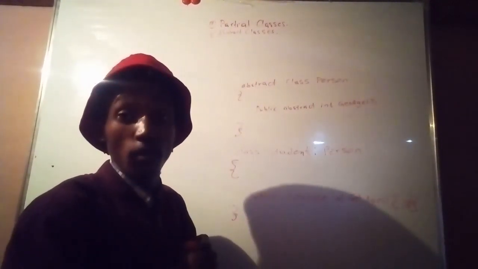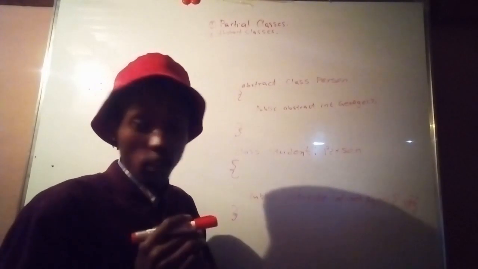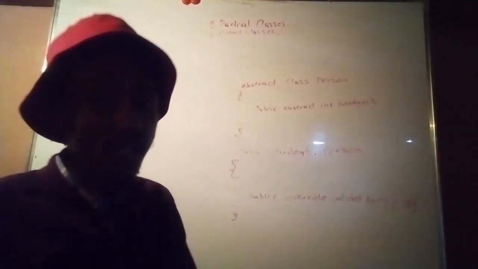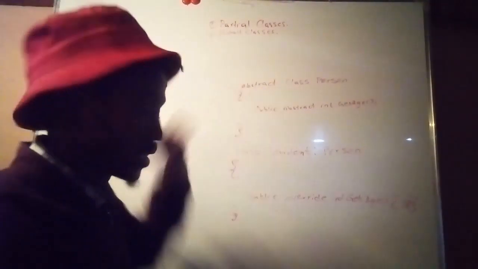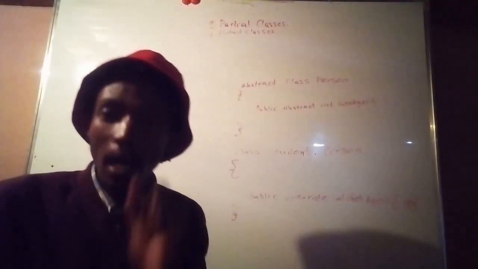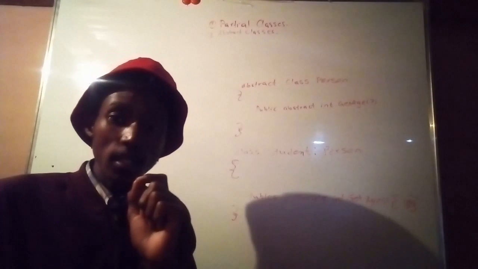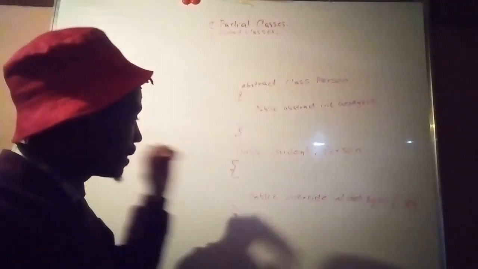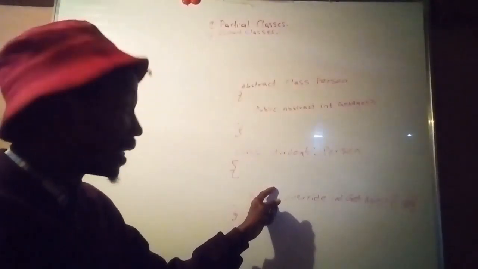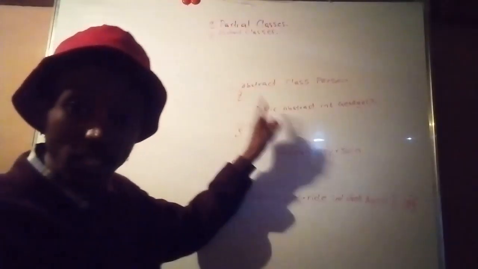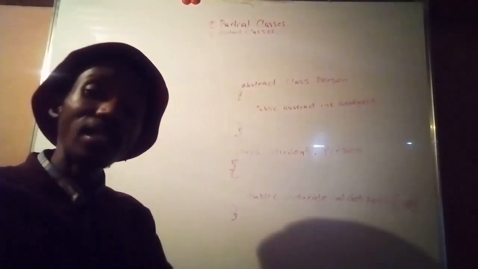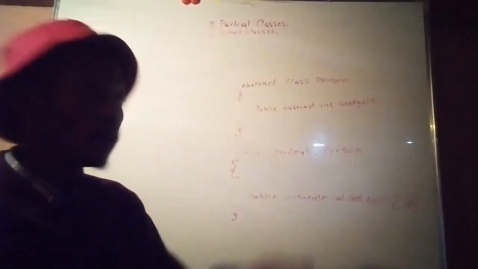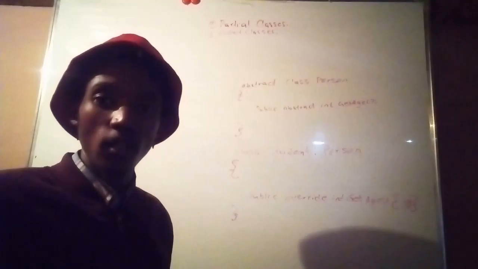Are we together, people? So here's what you must note. Though you are not allowed to create an instance of an abstract type, you are allowed to take an instance of a type that inherits from an abstract type and assign it to a reference variable of the abstract type.